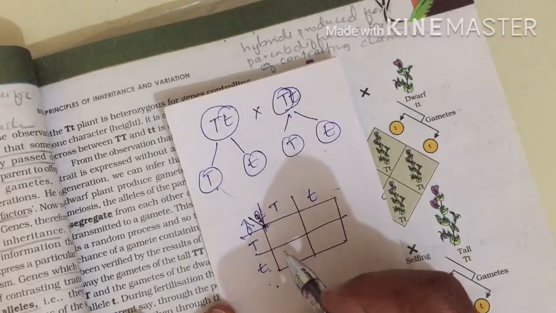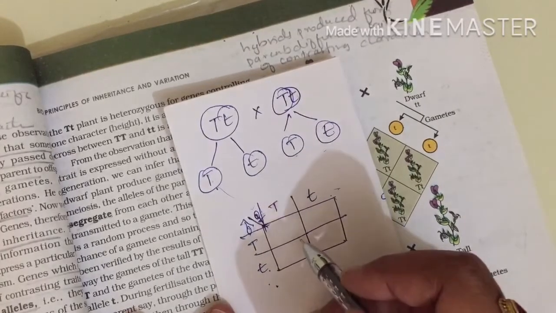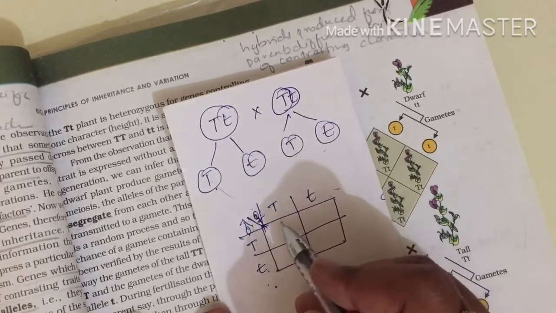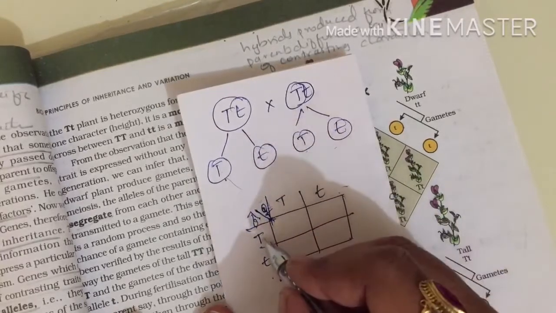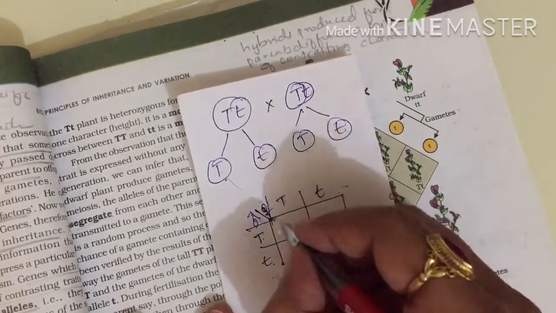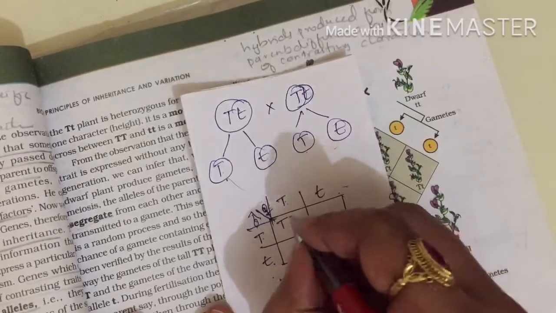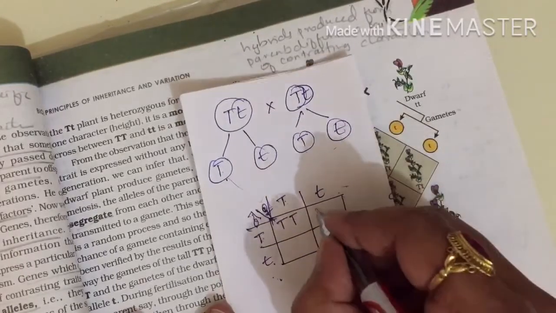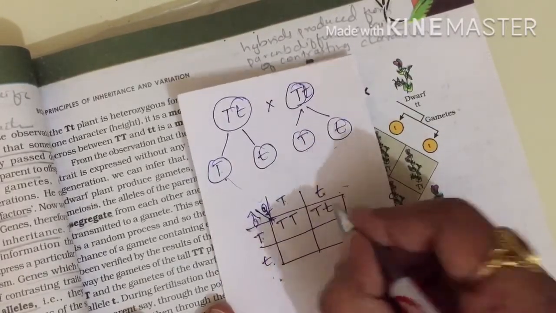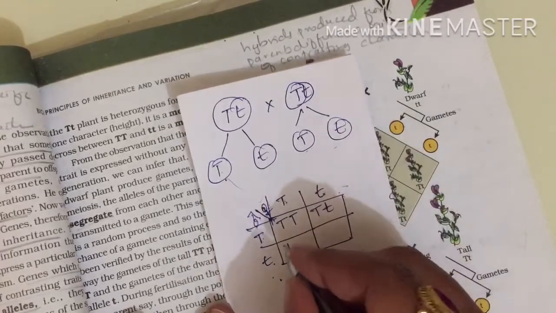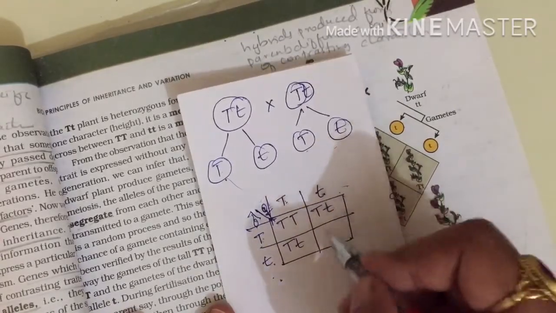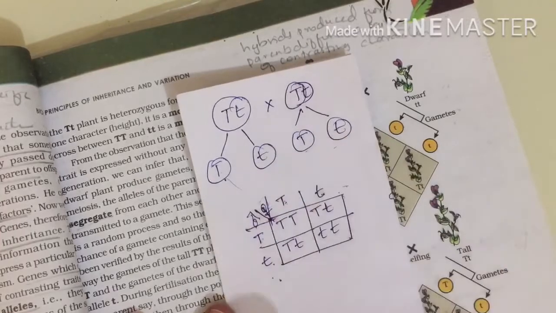Okay, this method you are using in your mathematics, I think. So if you are good in mathematics, then you will come to know about this also. Here capital T from here and capital T here. What will get? Capital T from here and small t from here. Again capital T, small t, small t, small t.